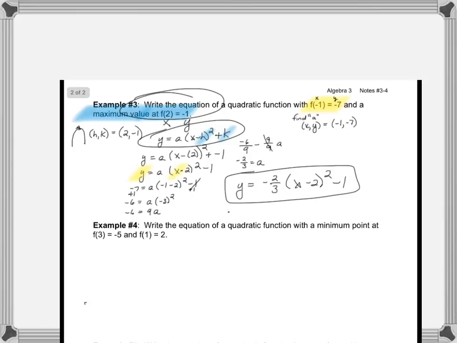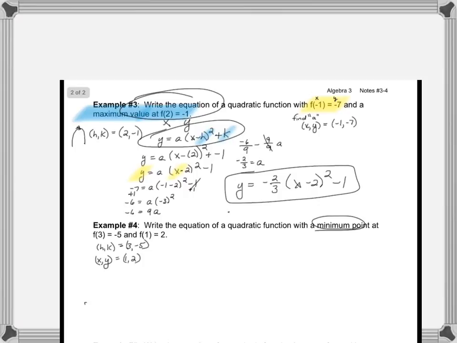Okay. Now let's look at the next one. Here we have a minimum point, but that's still a vertex. So our (h, k), which is our vertex, I'll write that out, (h, k) is (3, -5). And the point we're going to use for a, our xy that we're going to use, is (1, 2).